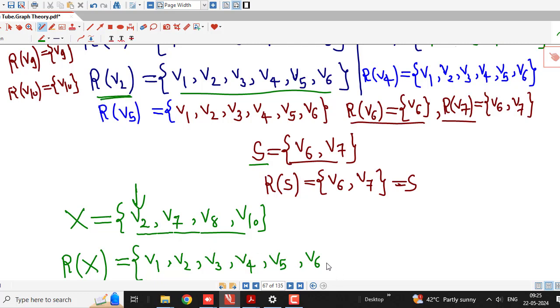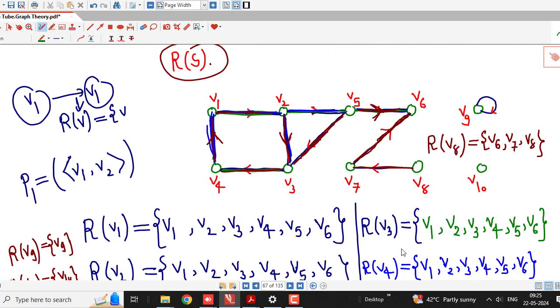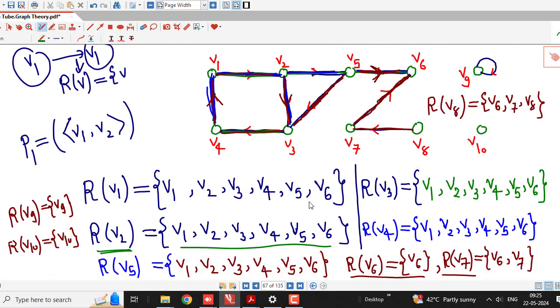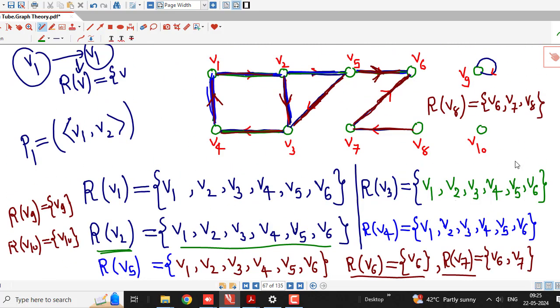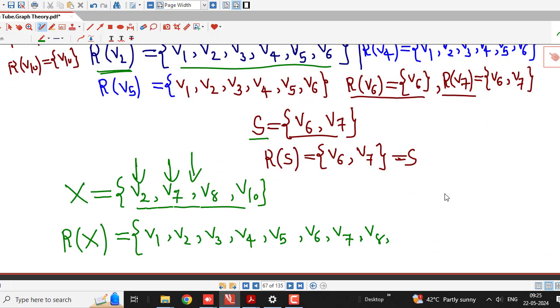Now what are remaining? V7 is remaining. We know that V7 is reachable from itself. Similarly V8 is also reachable from itself. And V9, what about V9? V9 is not there here, and it is an isolated point, so it is not reachable from any node of this subset capital X. And we will include V10 because it is reachable from itself.